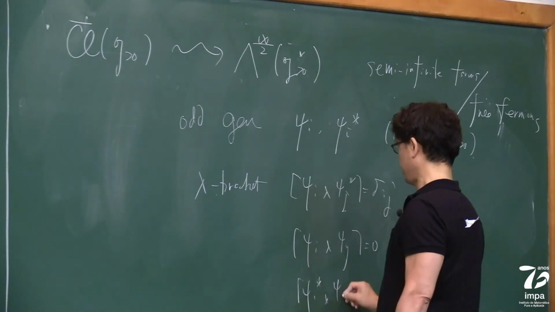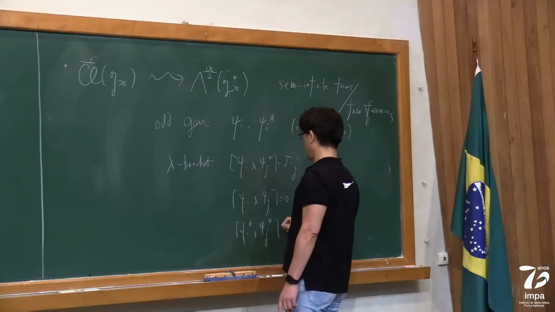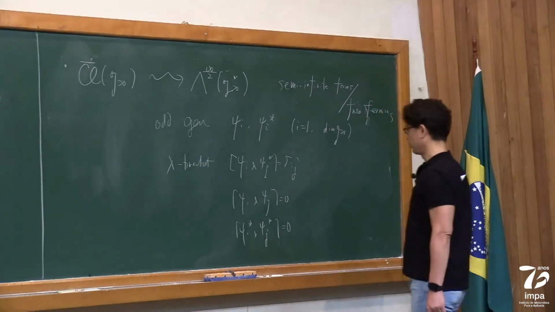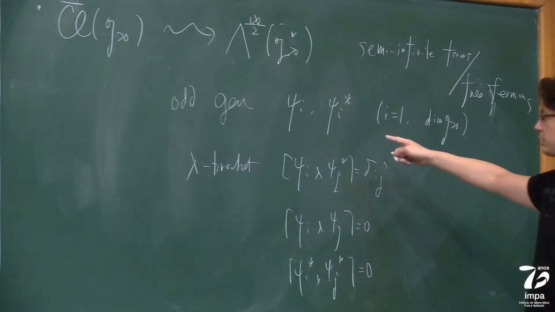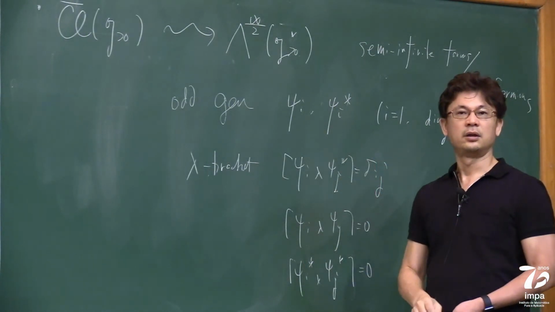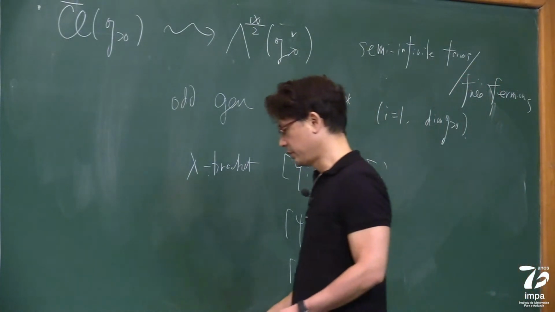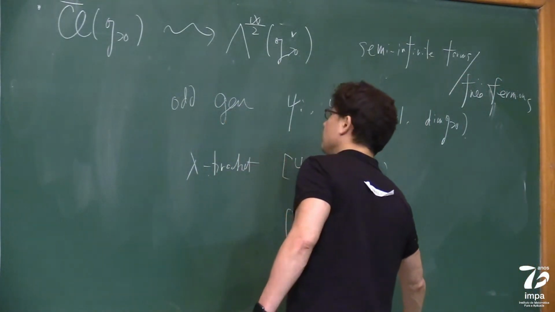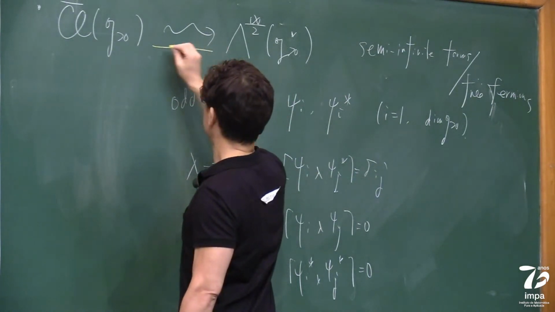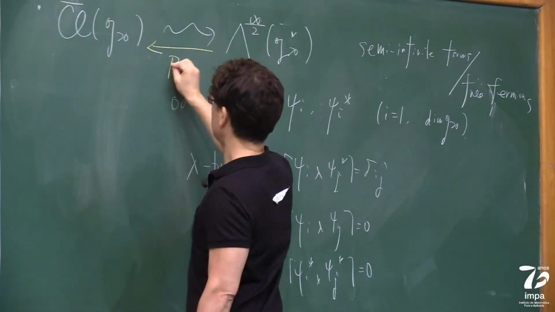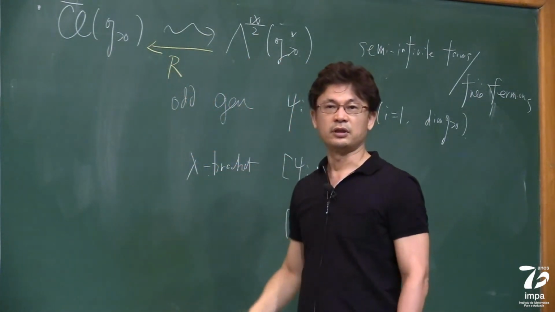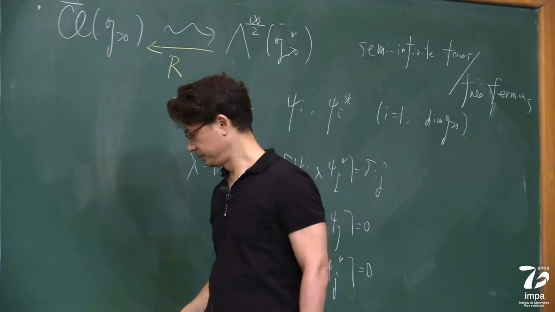So this exactly corresponds to the super Poisson bracket of the classical Clifford algebra. And then if you take the Zhu algebra, which is naturally defined for a super vertex algebra, you recover this classical Clifford algebra.